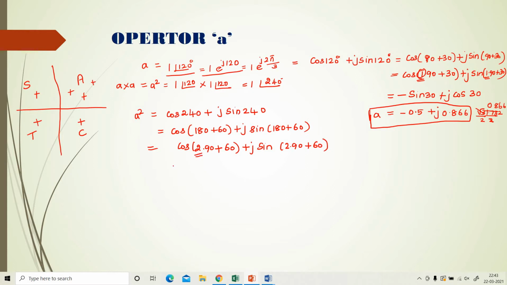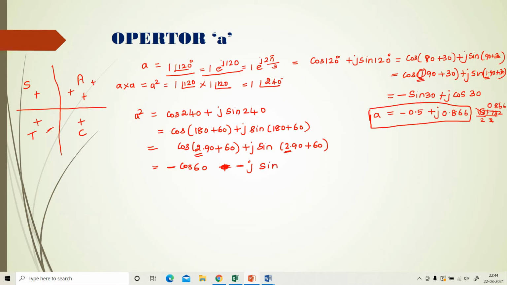So 2 is an even number. And what is 240? 240 means 90, 180, 270. So tangent is positive, remaining all are negative. So minus. So 2 is an even number, there is no change in the cos. So cos 60 plus, tan only positive, so here all this is negative, minus j sine.